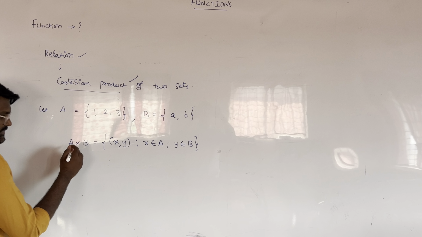Now for these two sets, if I write the Cartesian product, let's take A vertically and let's take B horizontally somewhere here.